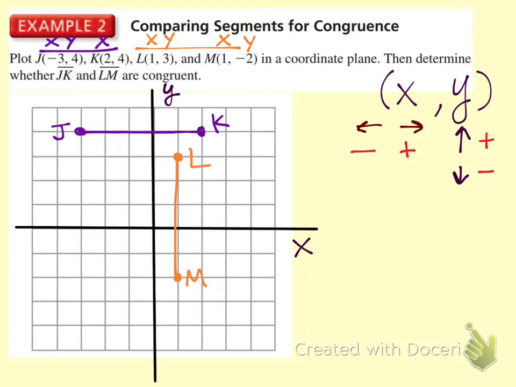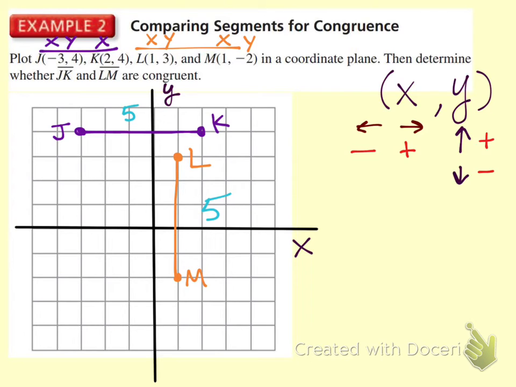We don't have to overcomplicate this. How can I figure out if they're the same length? Count the boxes. These are horizontal and vertical lines. We can just count the boxes. So 1, 2, 3, 4, 5. And then 1, 2, 3, 4, 5. What did the question ask for? Determine whether JK and LM are congruent. Correct.